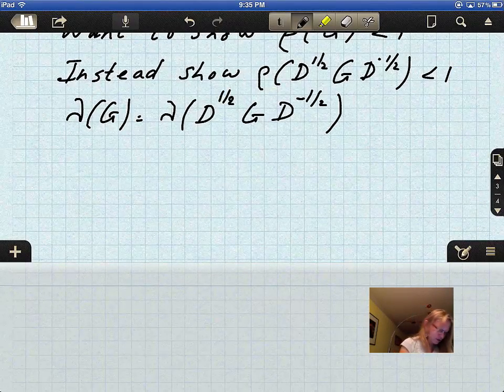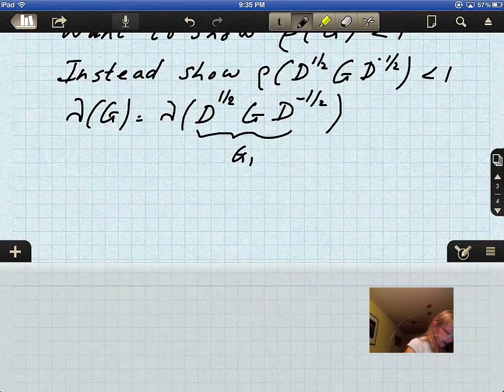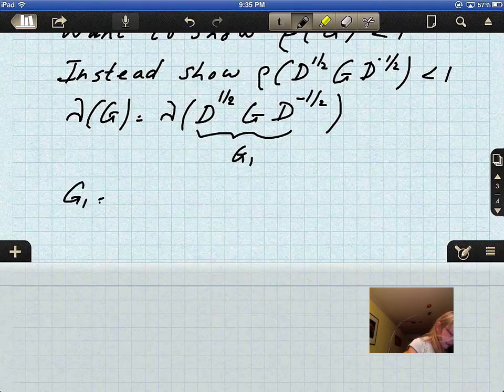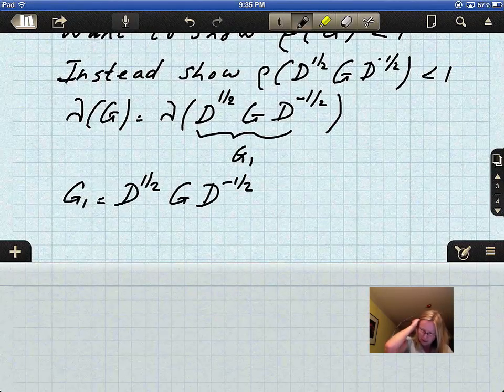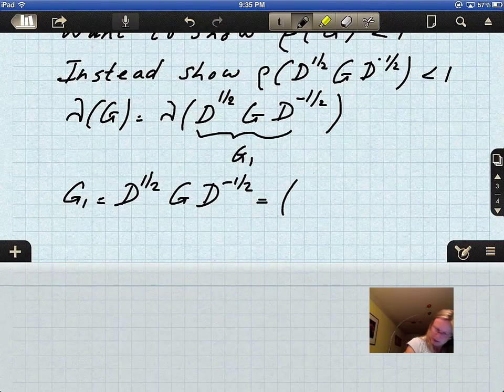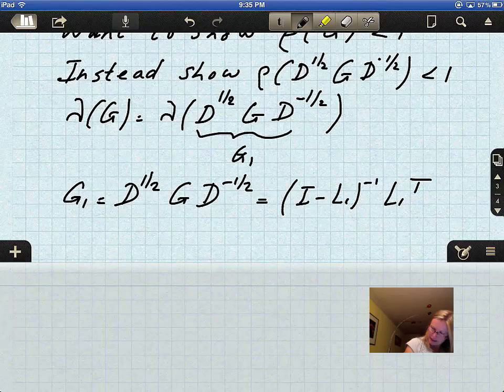Okay, so let's call this thing G1. Okay, then we have G1 is D to the half, G, D to the minus a half, like this. And that I can write, I'm just going to play a little bit with this, as the identity minus L1 inverse times L1 transpose.